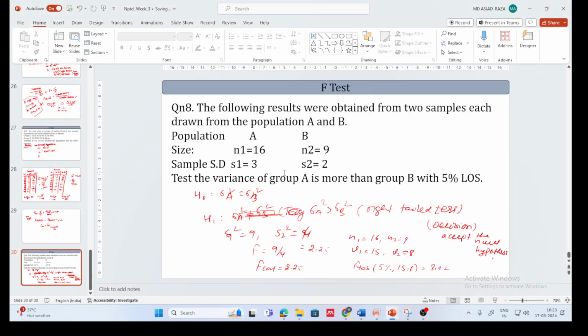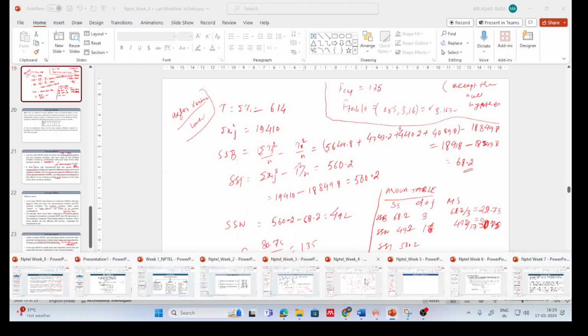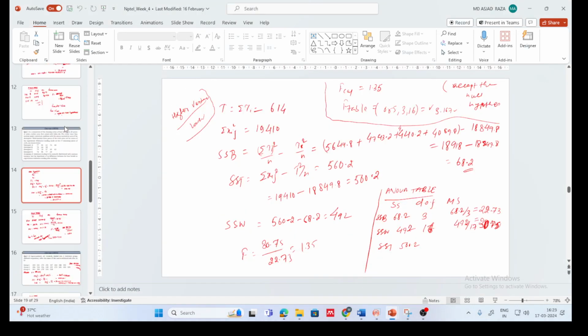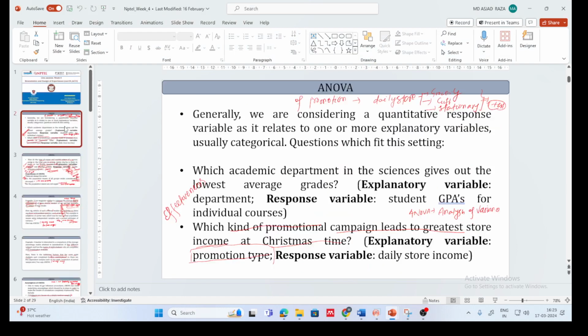So this was all about the third week. In the fourth week, we have to go with the ANOVA. Why do we need to go for the ANOVA? Anyone?